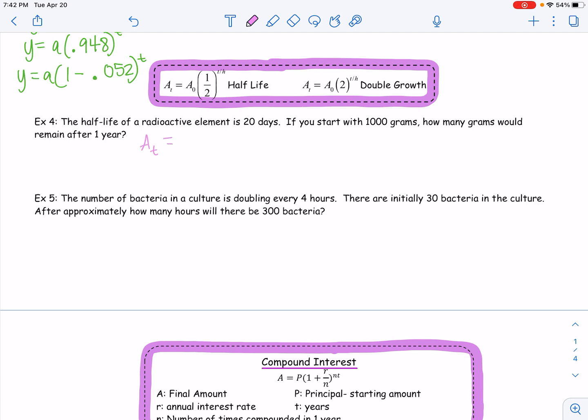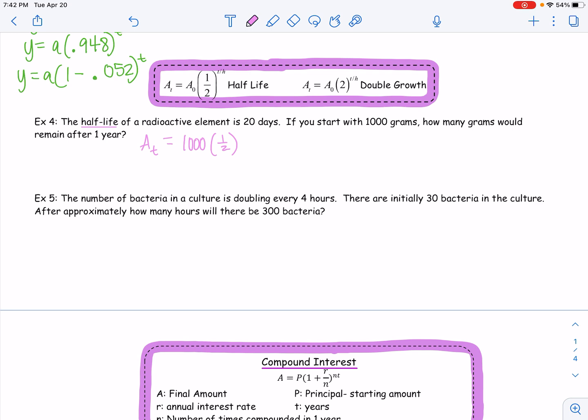A sub T is equal to A sub 0, your initial amount. So think of that as your lowercase a. Your initial amount is you're starting with 1,000 grams times a half. That never changes if you're talking about half-life, which we are here. And then it's raised to the t divided by h power.